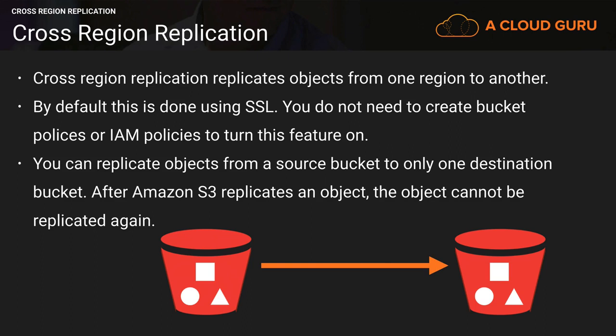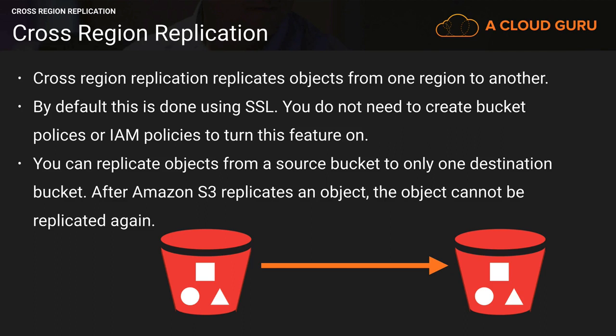So unlike in the last lecture where we wanted to force our users to use HTTPS using a bucket policy, and we used that Boolean feature, which was AWS Secure Transport, you do not need to do this for cross-region replication. It's doing it automatically. It's encrypting it in transit. And we'll cover encryption at rest in a second. Encryption at rest is a bit interesting, but by default, encryption in transit is done using SSL.